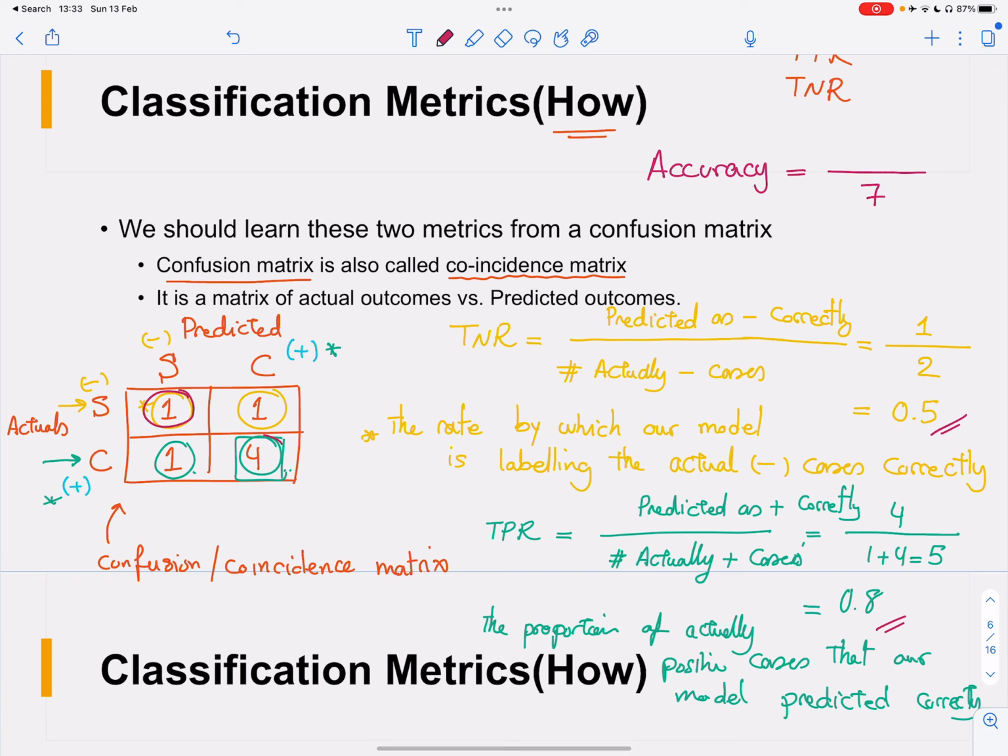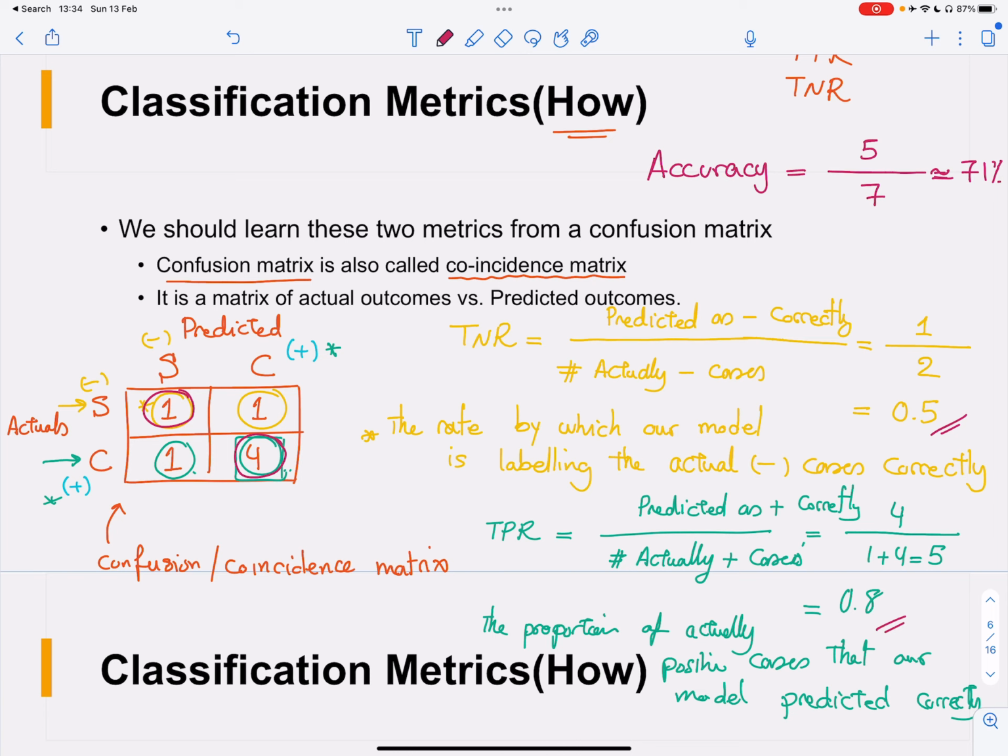This is a correct prediction, and this is a correct prediction. 5 out of 7. So this is around 71%. So even though accuracy is around 71%, the true negative rate and true positive rate show that the model is performing differently in correctly labeling positive cases or negative cases.